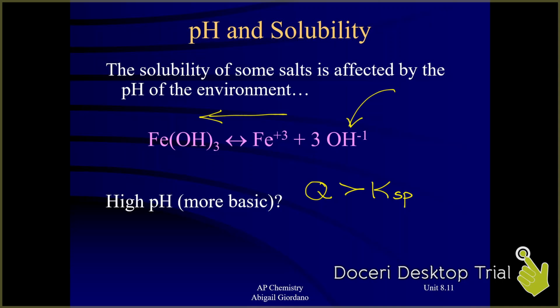If the reaction is shifting so that more of that solid reactant is being produced, that means that this salt, this iron 3 hydroxide, is not dissolving as well as it was before. The take-home message here is that because there is extra hydroxide floating around in the environment, this salt would have decreased solubility in a high pH environment.